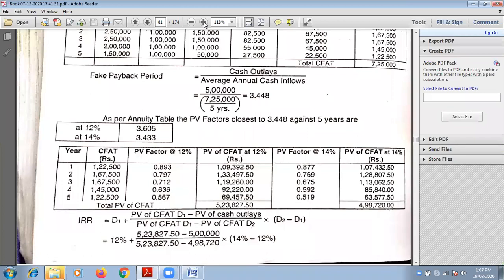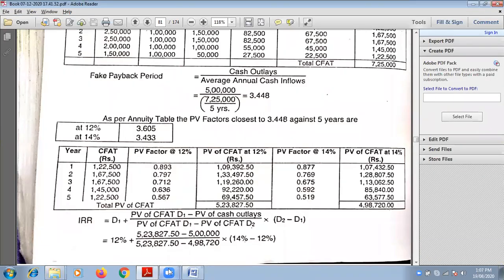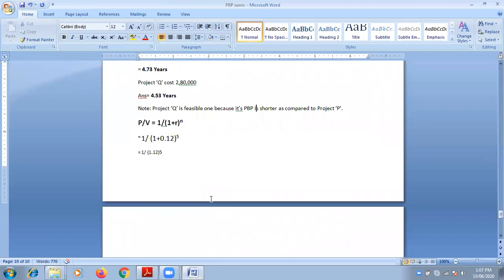PV factor was calculated this way. So 1 upon (1 plus R) raised to n, which means 1 upon (1 plus 0.12) raised to 5.